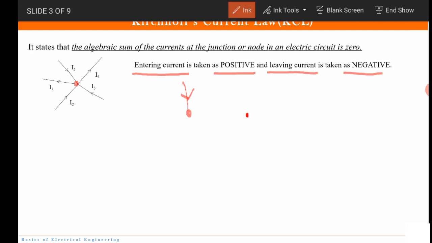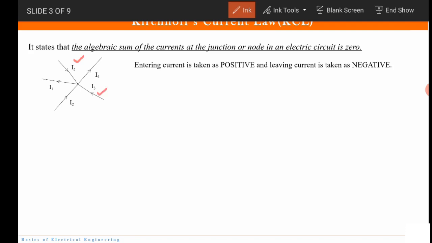Now what do you mean by leaving current? Suppose this is a node or a junction and a current is going away from it, then it is leaving current. So entering current is the incoming current and leaving current is an outgoing current. Fine. So let us understand what all are the incoming currents in this. I5 is an incoming current, right?